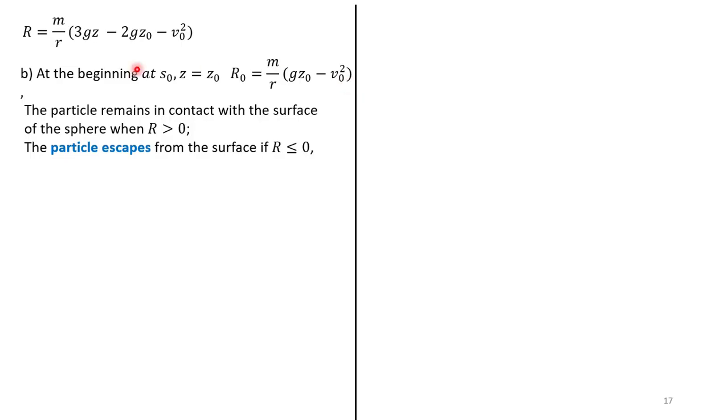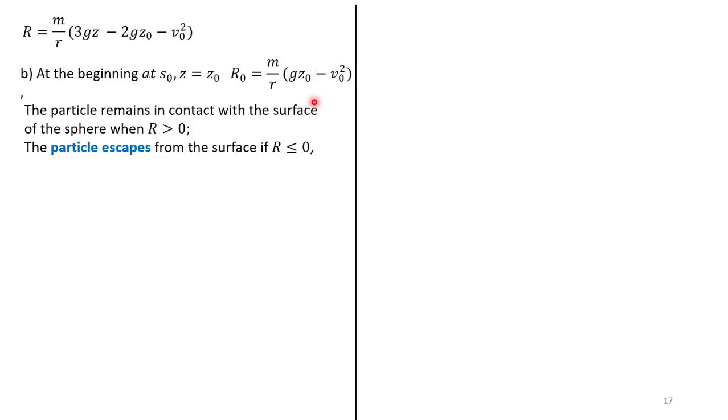Okay, so this means that we replaced z with z0, then we have two terms containing gz0. 3gz0 minus 2gz0 gives 1gz0. Okay, this is this term.